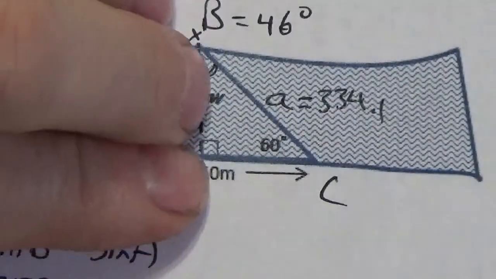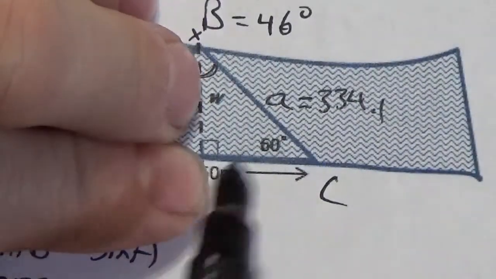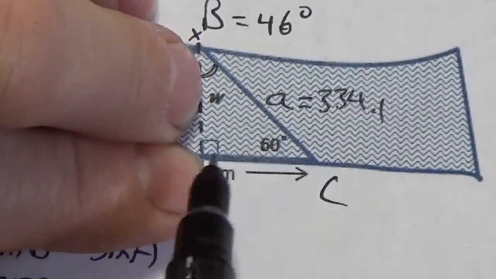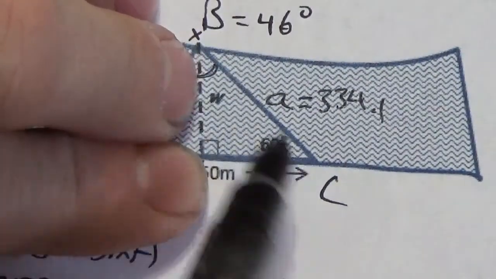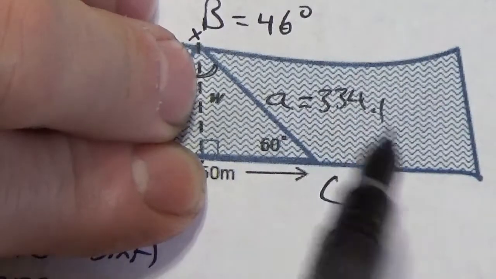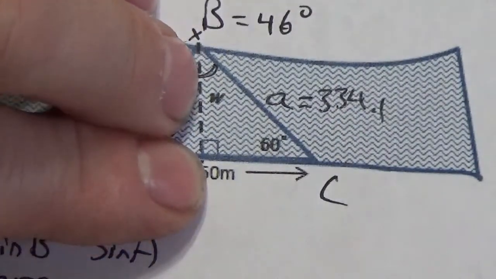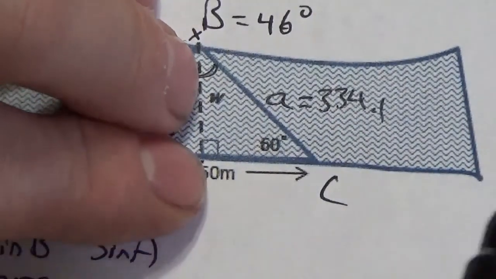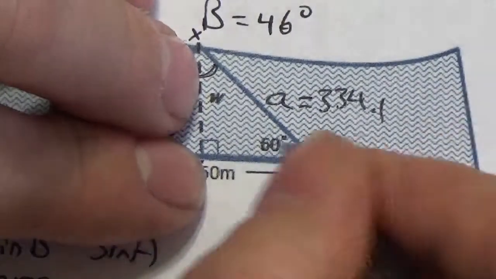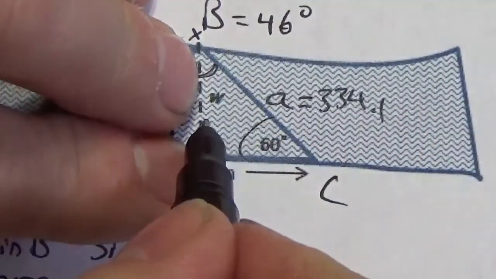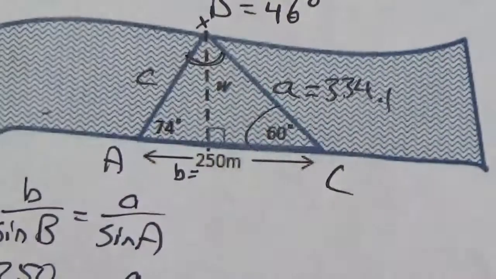Now I do have some information about this right angle triangle. I know this angle, I know this is 90, and I know that the hypotenuse is 334.1. Now I can use just basic trigonometry. I'm interested in this angle. I want the opposite. I have the hypotenuse. That's sine.